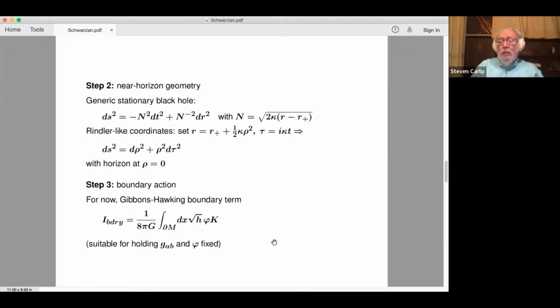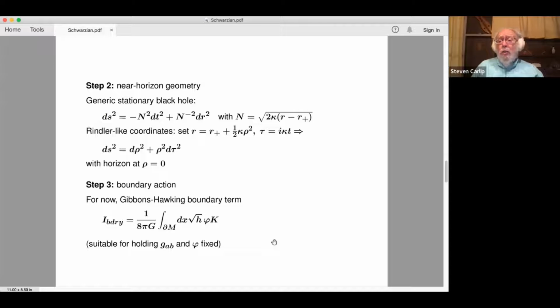Again, for special cases, this is well known, goes back to Gibbons and Hawking in the early 1970s, that you can choose coordinates so that the geometry near the horizon of, for example, a Schwarzschild black hole looks like Rindler space, that is like flat space-time, but in coordinates that describe an accelerating observer with an acceleration equal to the surface gravity of the black hole.